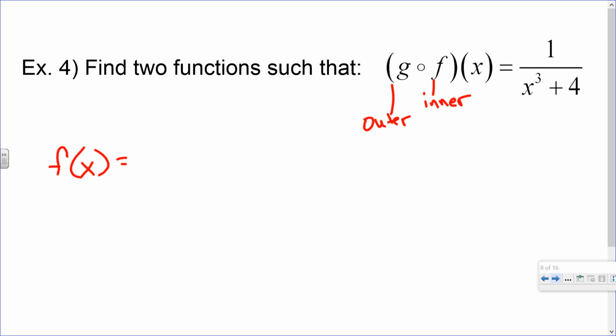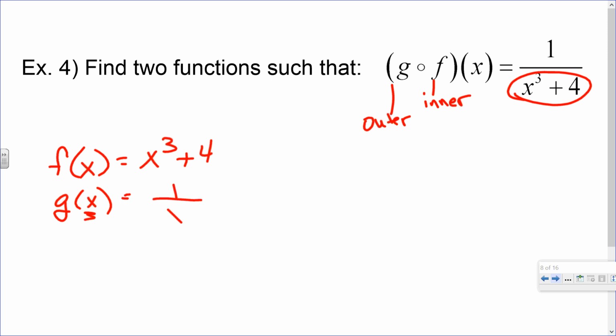Grace. Okay, hang on just a second. So we could do f of x is x cubed plus 4. And then we still need to do something to that circle to have the final composition. So what do we still need to do to that, Grace? We need 1 over that. So if the argument is x, 1 over whatever that argument is.